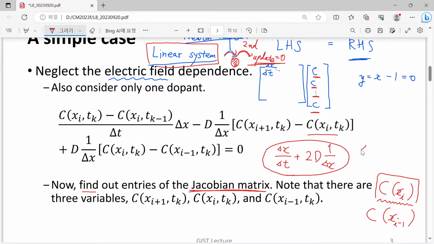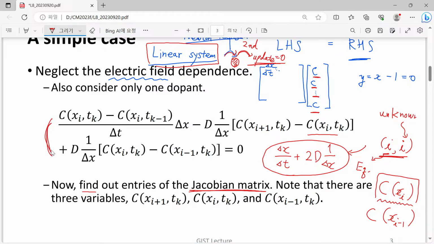And maybe it is good to place it to the position of I, comma I. Why? So this first row index is reserved for your equation, and this column index is reserved for your unknown variable. Then what is this equation?